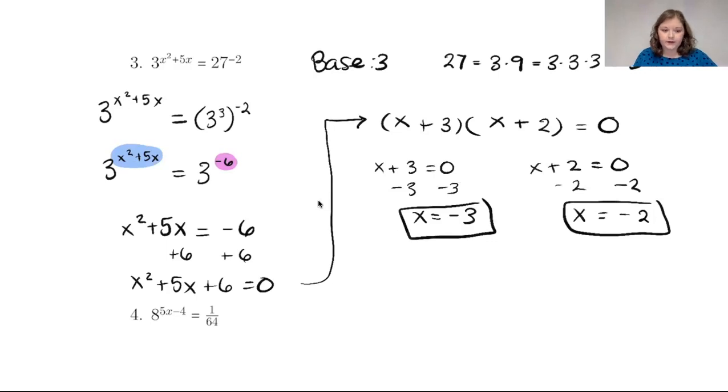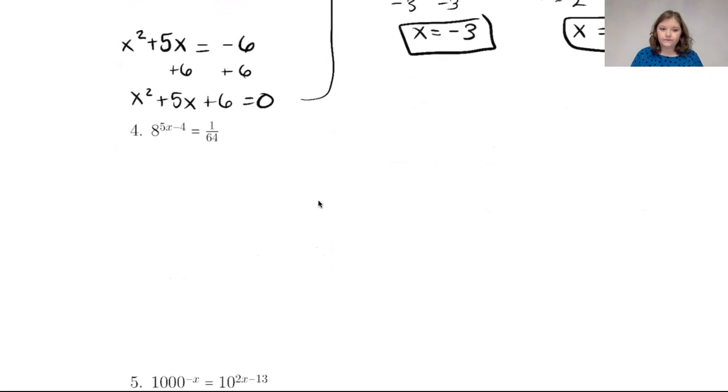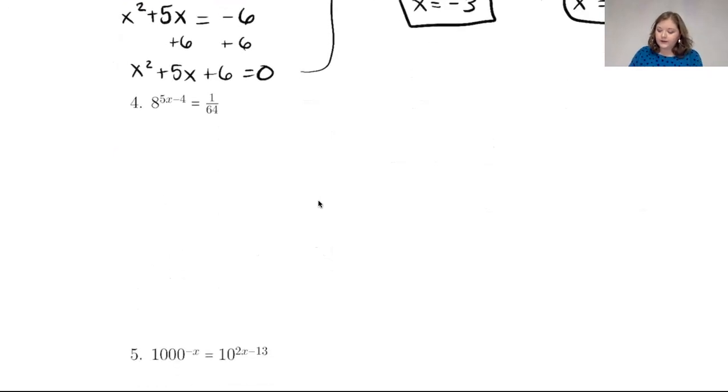So we'll move on to number 4. Okay. So number 4 looks just a little bit different, but we can solve it too. What we just need to do is think about what our base should be. So here we have 8 to a power, and on this side we have 1/64.